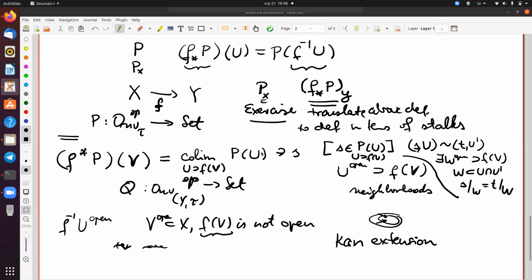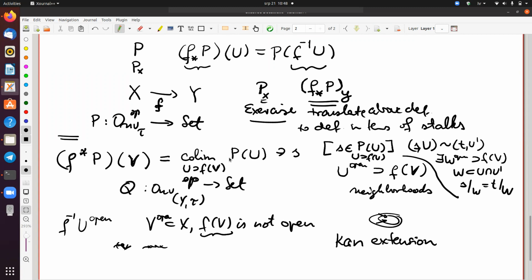It's kind of a minimal approximation of just P of V, but P of V doesn't exist because V is not open. So you want to approximate this construction as closely as possible.